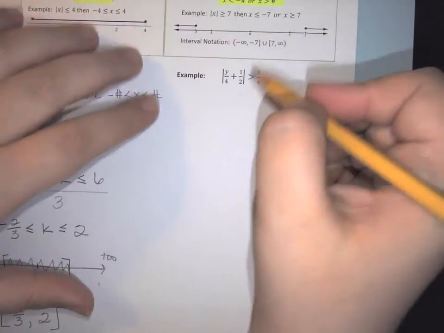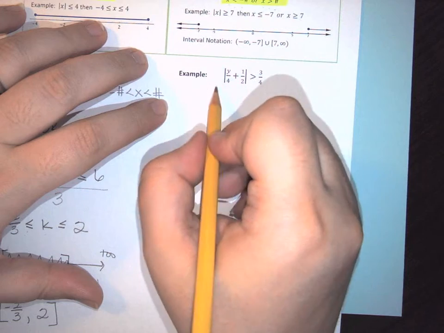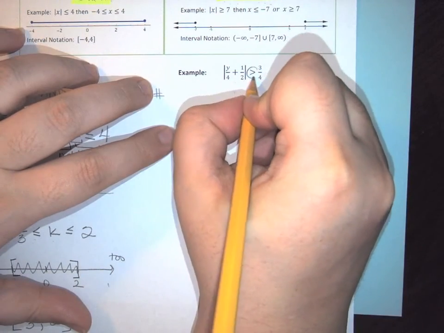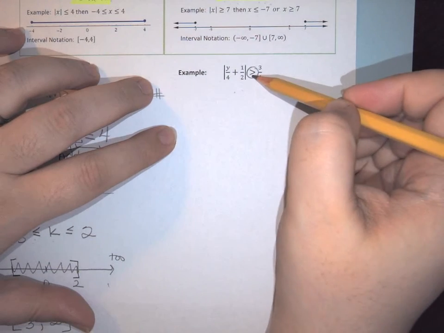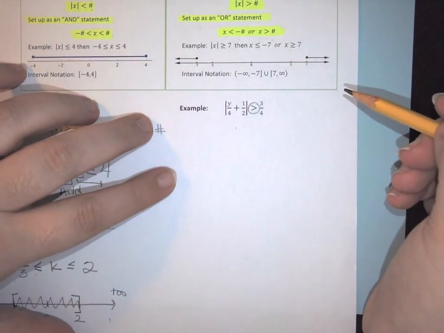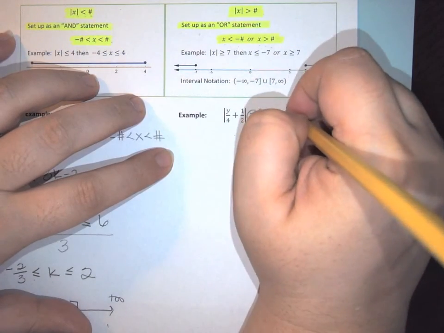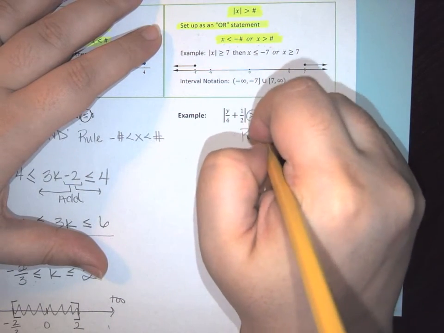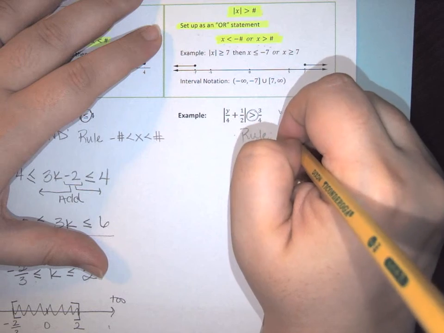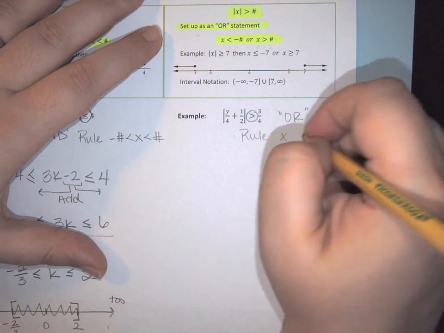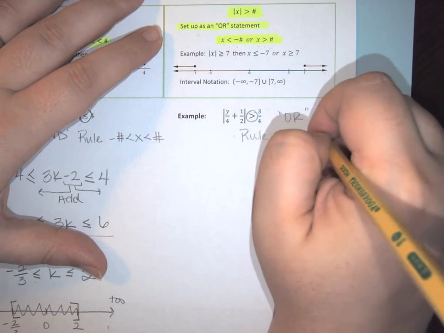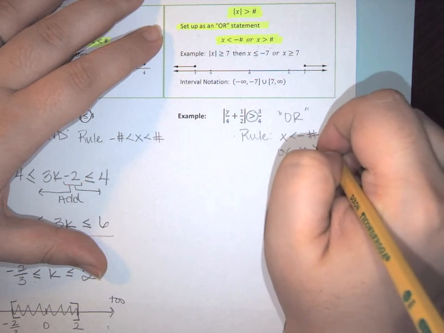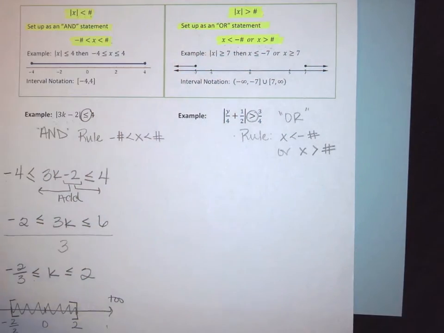Alright, let's look at the other one. Here again, if you look at your absolute value, notice there is nothing with it. So you need to pay close attention now to your sign, and this would be a greater than sign, which is the or statement. And so the rule that we're going to use here says that the junk under my absolute value is going to be less than the negative of my number, or it's going to be greater than the positive of my number.